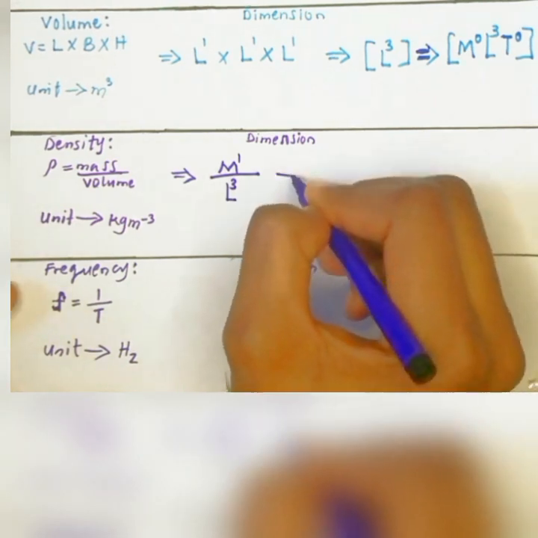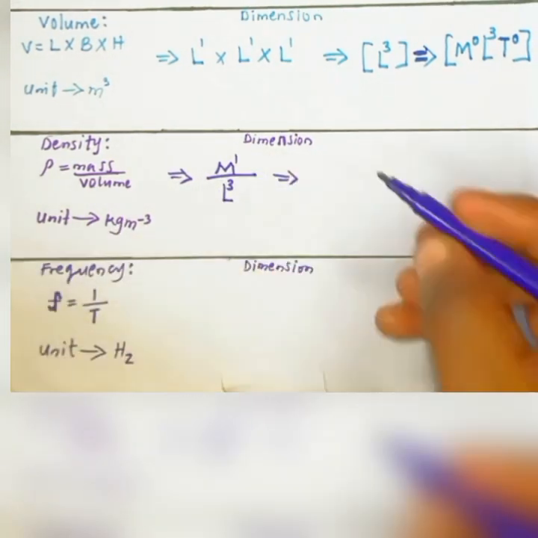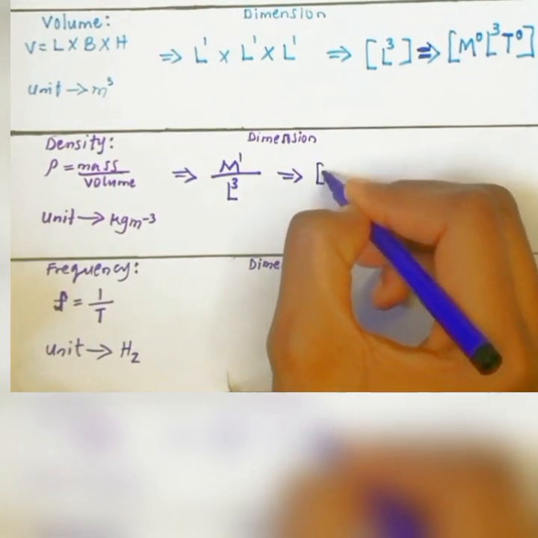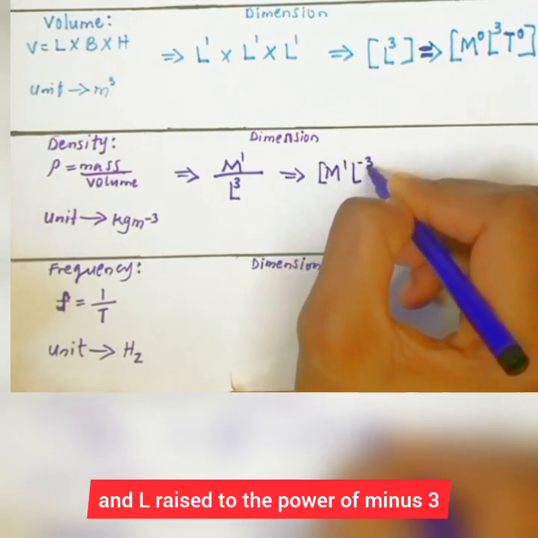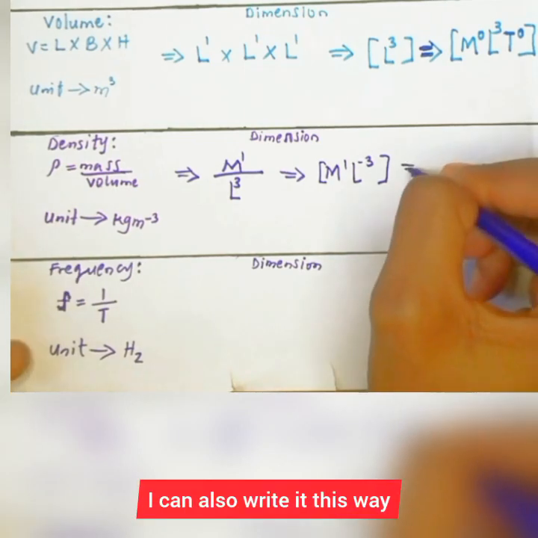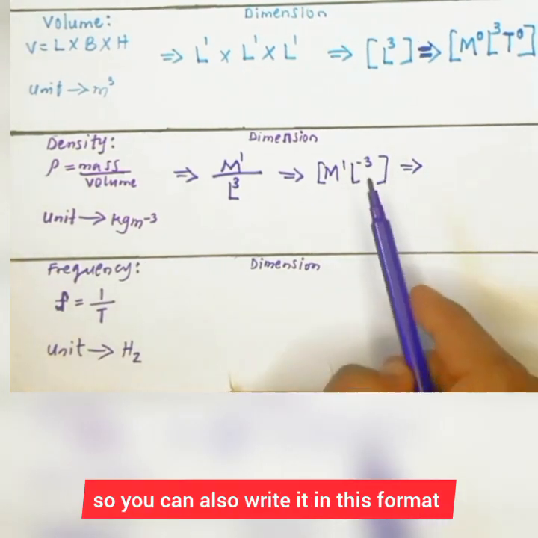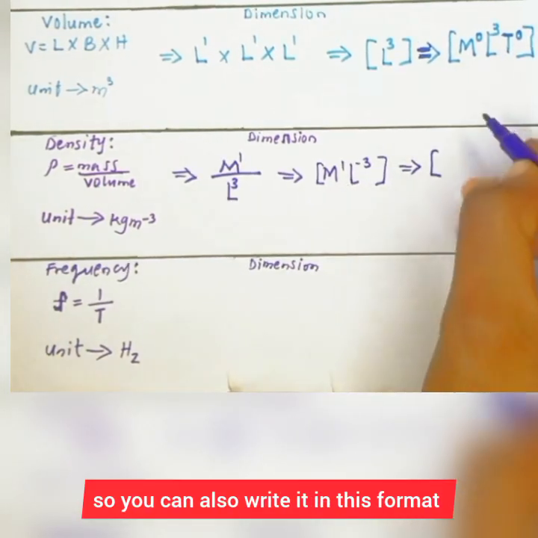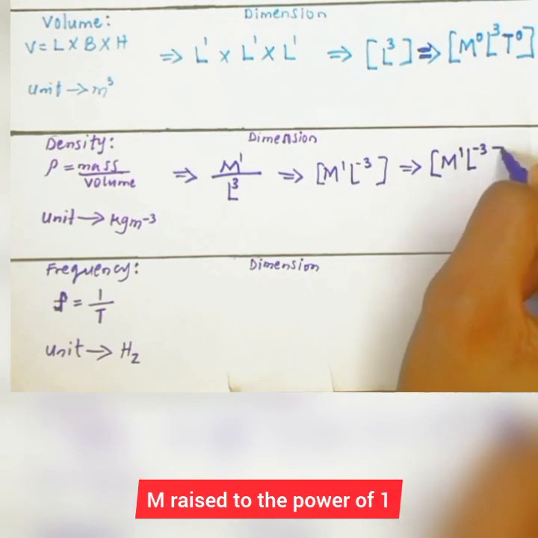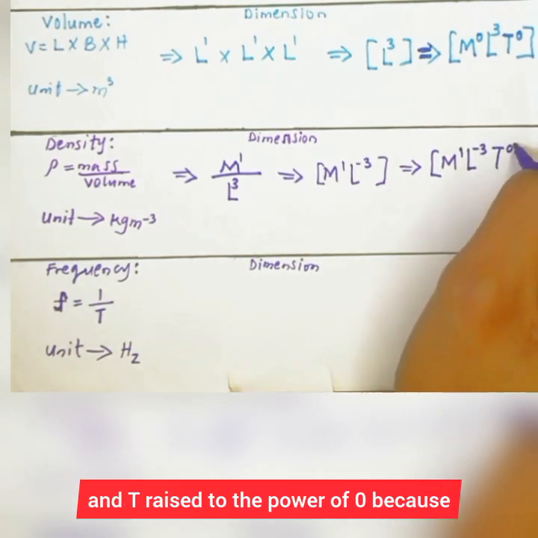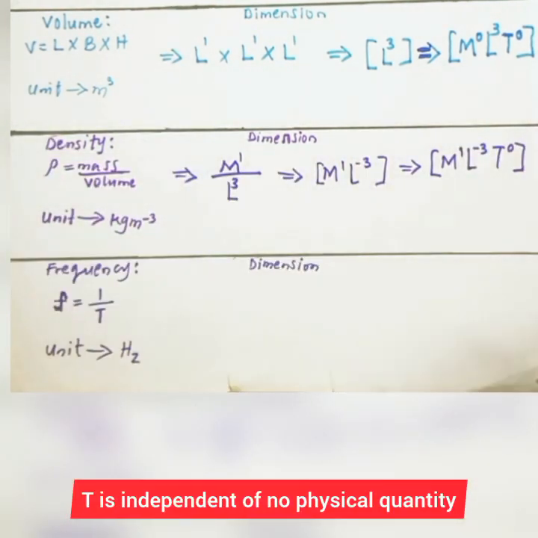So bringing this up here, it becomes M raised to the power of 1 and L raised to the power of minus 3. I can also write it this way. If you notice, there is no T, so you can also write it in this format: M raised to the power of 1, L raised to the power of minus 3, and T raised to the power of 0, because T is independent of this physical quantity.